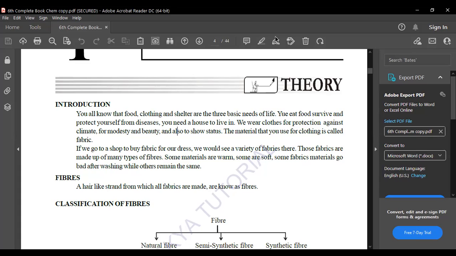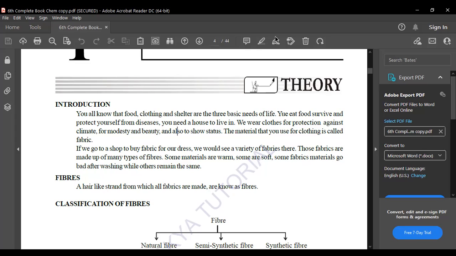Those fabrics are made up of many types of fiber. Some materials are warm, some are soft. Some fabrics go bad after washing, while others remain the same.